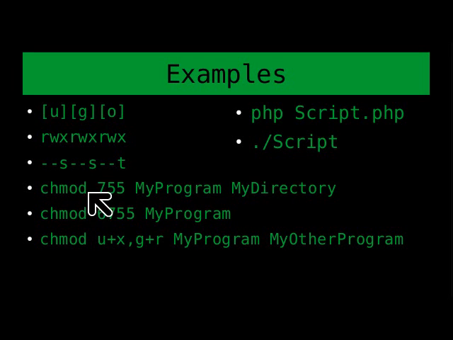So chmod is the command you'll use to change file permissions. You'd use chgrp, and this would be your new group, to change the group of a file, and chown would change the owner, and those are more root based.